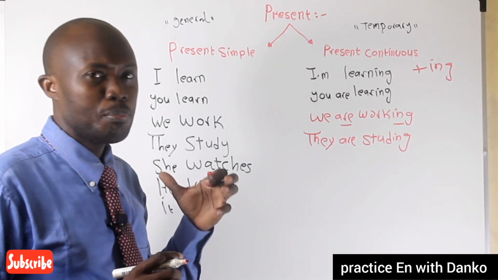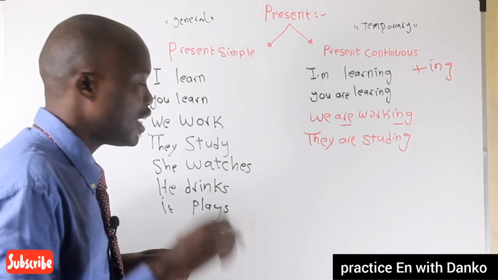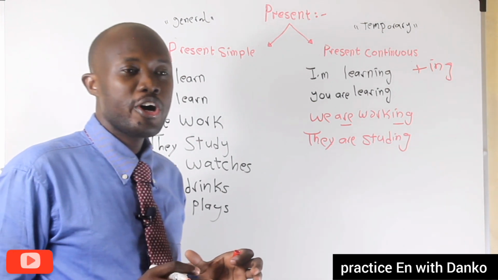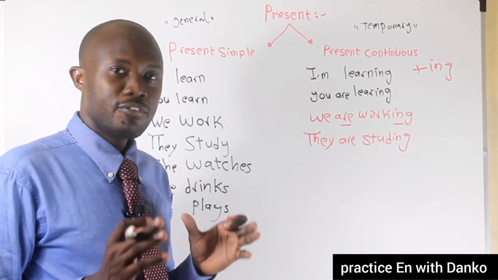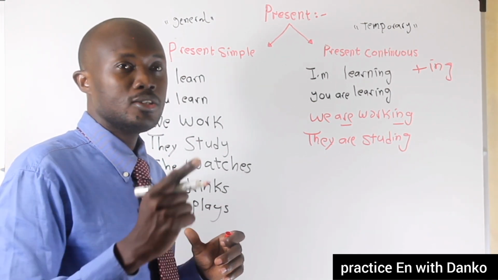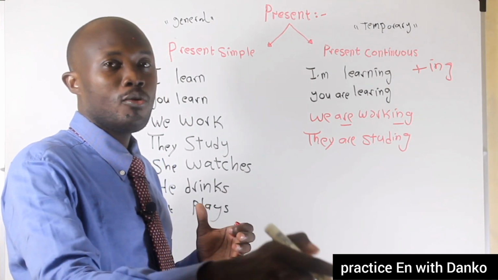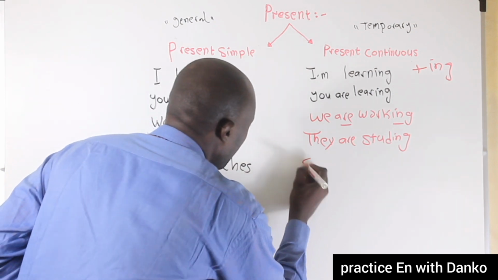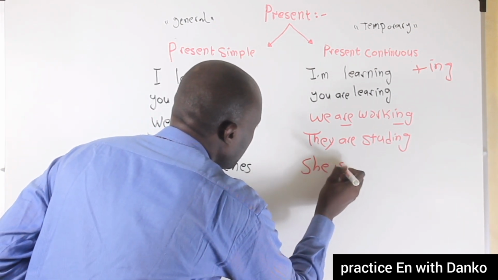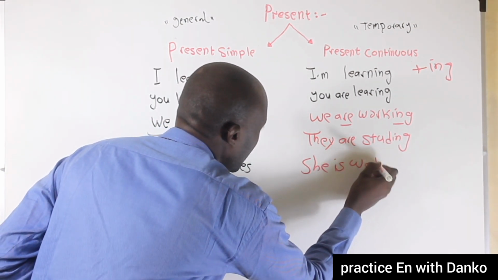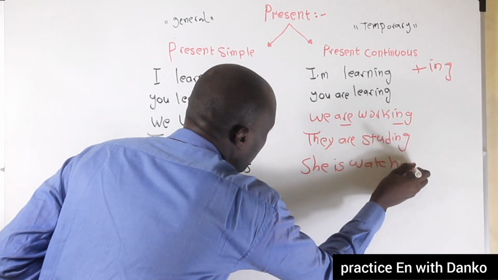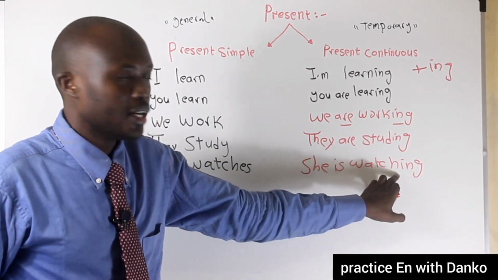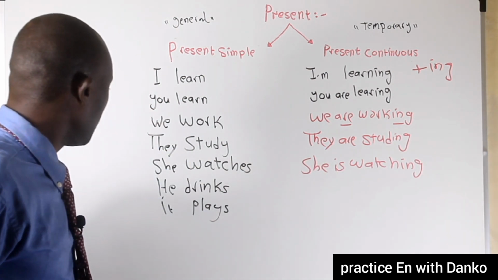That is in present simple, but in present continuous, she is watching some movies, because we want to point at her, to tell others she is watching right now. She is watching. Great.